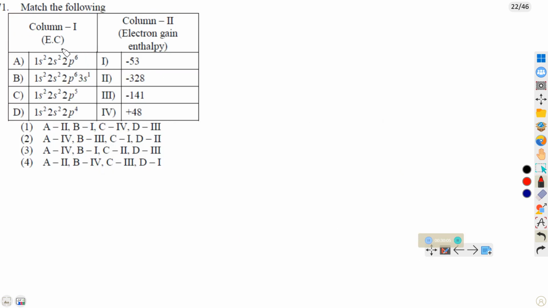Match the following electronic configurations and electron gain enthalpy given. 1s2 2s2 2p6, neon; 2p6 3s1, this is sodium; 1s2 2s2 2p5, fluorine; 1s2 2s2 2p4, oxygen. Now, neon is a noble gas. Noble gases' electron gain enthalpy value is positive. So A4.